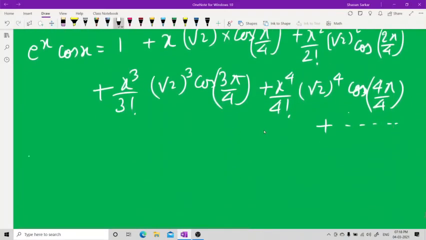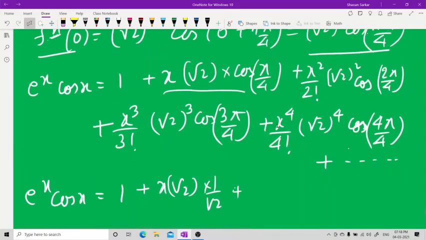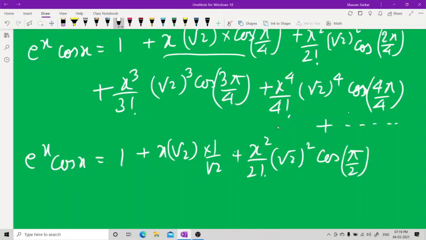Yes, e^x cos x is equal to 1 + x√2 from here, x√2 into 1/√2. Plus x²/2 factorial, and this whole thing is (√2)², and cos(2π/4) is cos(π/2), and this will be 0.